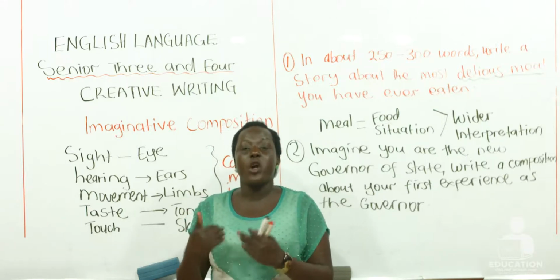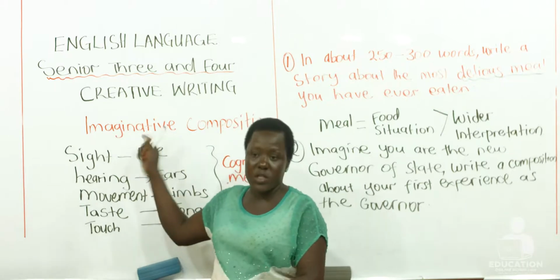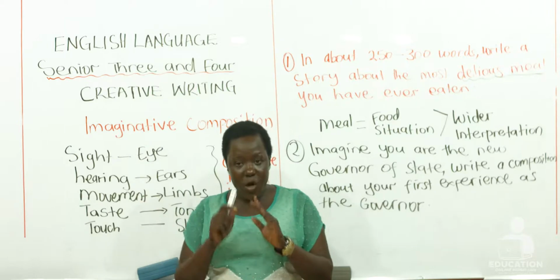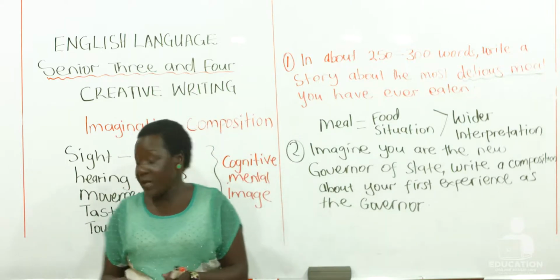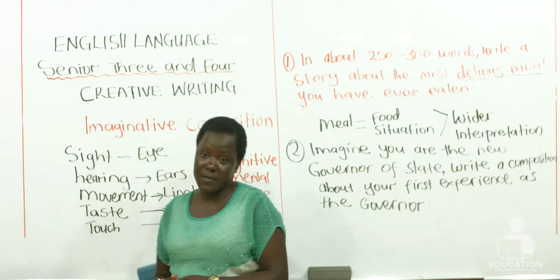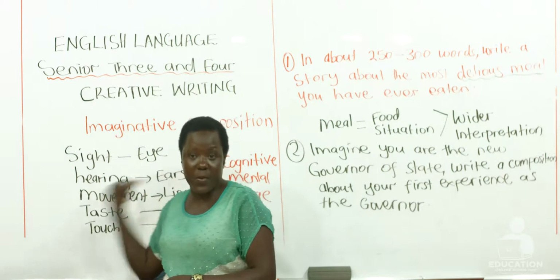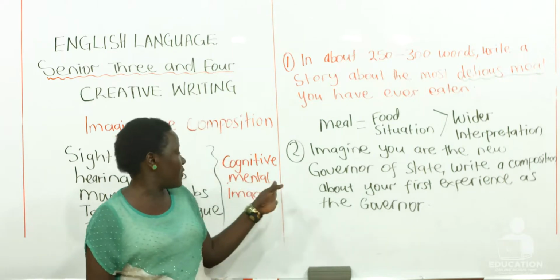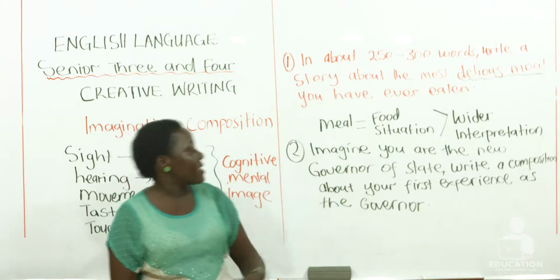It may go beyond real. That's why we call it imaginative composition. That is the only way you can write an imaginative composition, if you use all these senses. And being engineered from your brain, the mental or cognitive image will help you to summarize it.